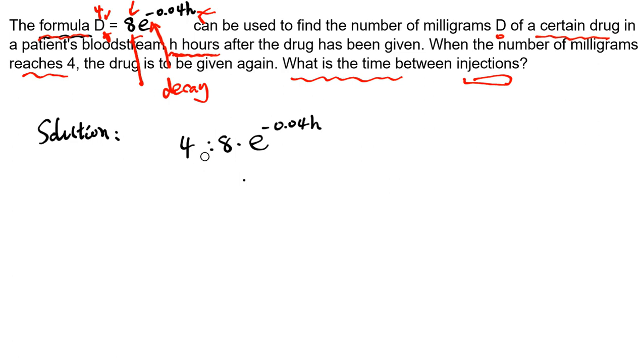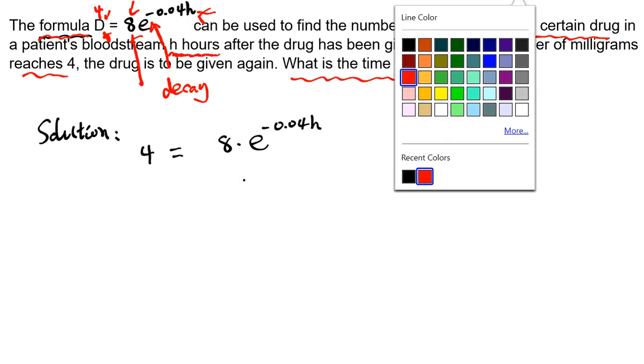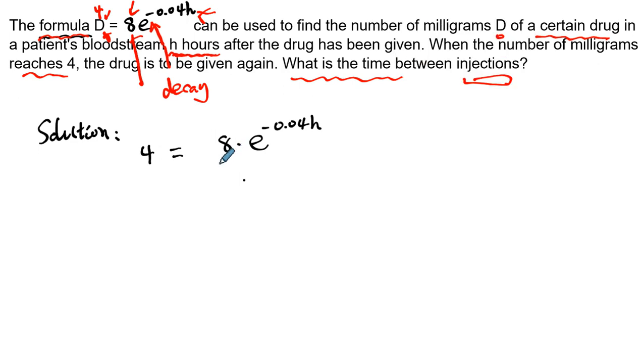That's what you are given. The common technique here is we divide by 8 on both sides. The strategy is to isolate h. Then you will find h if h stands alone.